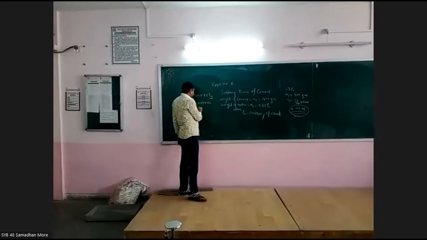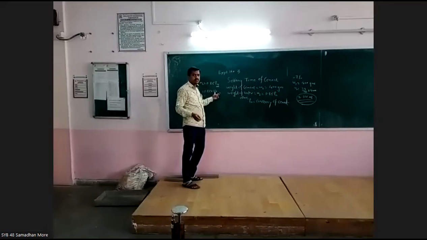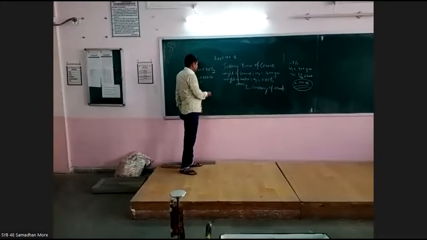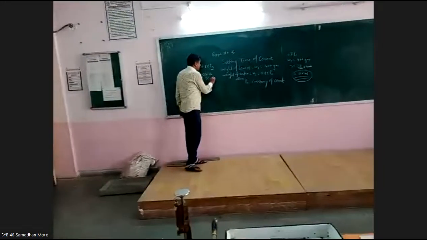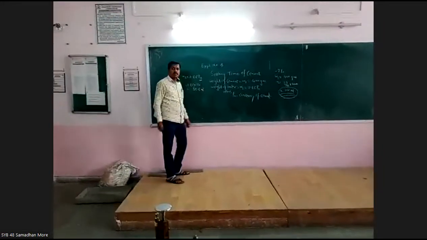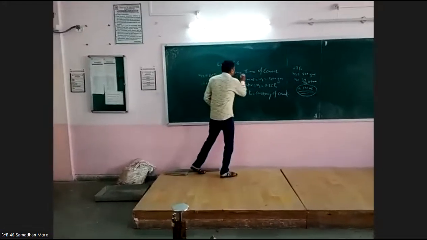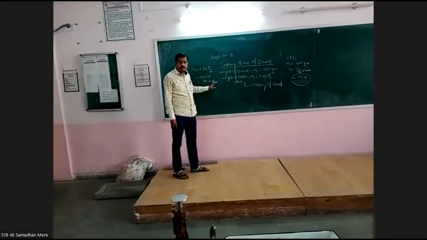So do the calculation. What will be the answer? 98.6 ml. So around 99 ml of water is required for us to perform this setting time test. Clear, everyone now?